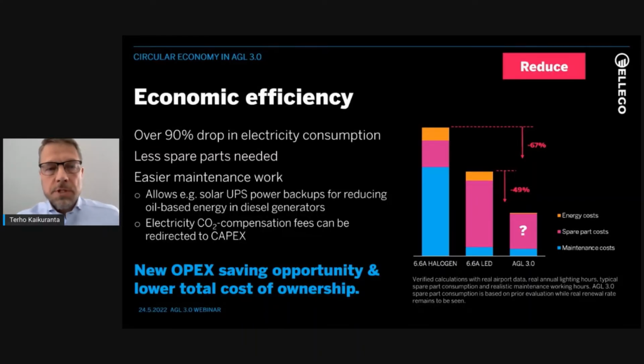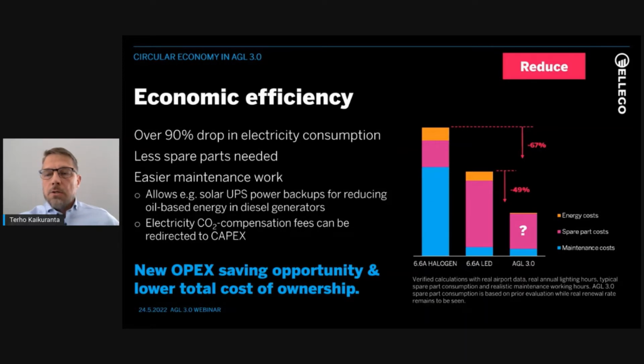Then about the economic efficiency, what happens? We already mentioned the energy savings, which was as such significant, but what happens is also the spare part consumption will drop down. And that will actually represent quite a lot of cost element here. In this graph, you see the relative changes between these three options.